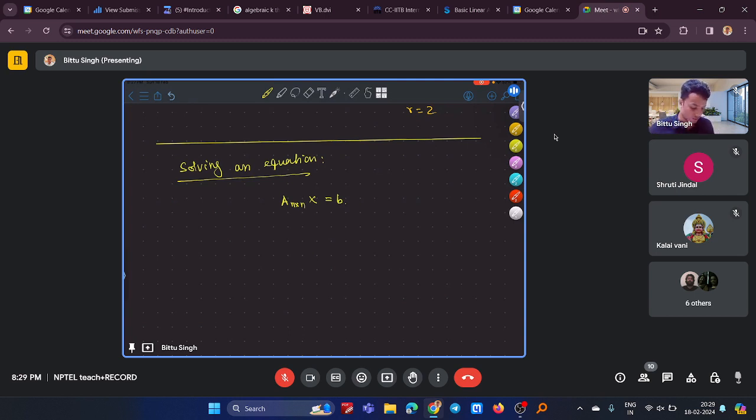The solution will exist if and only if A is non-singular, that is, A has full rank.